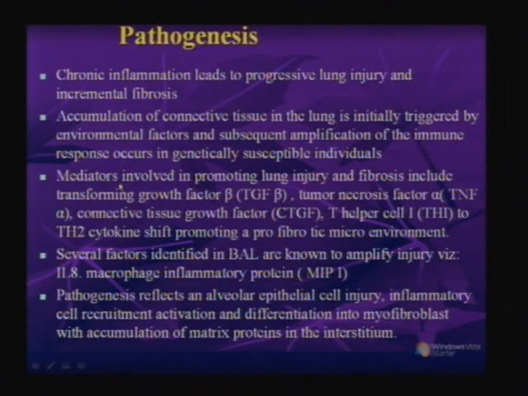In these individuals, several mediators have been noted, like transforming growth factor beta, TNF alpha, connective tissue growth factor, T helper cells 1, and several factors seen in the bronchoalveolar fluid, like IL-8 and MIP-1, that is macrophage inflammatory protein 1. The pathogenesis reflects alveolar epithelial cell injury, inflammatory cell recruitment, activation, and differentiation into myofibroblasts with accumulation of matrix proteins in the interstitium.